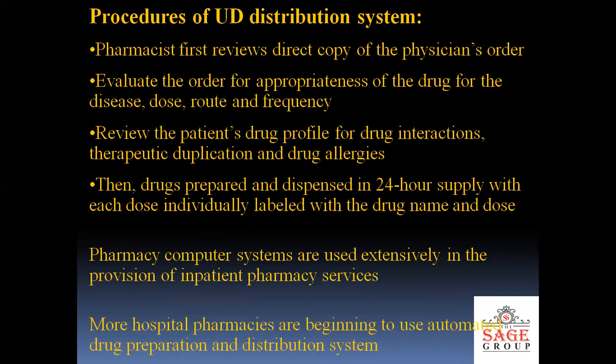Procedure for the UD distribution system: the pharmacist first reviews the direct copy of the physician order, that is, whatever prescription is written by the physician is handled by the pharmacist, and he reviews that prescription and evaluates the order for appropriateness of the drug for the disease, dose, route of administration, and frequency. He also reviews the patient's drug profile for drug interaction, therapeutic duplication, and drug allergy.